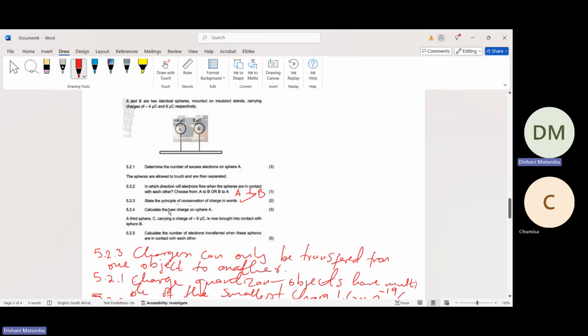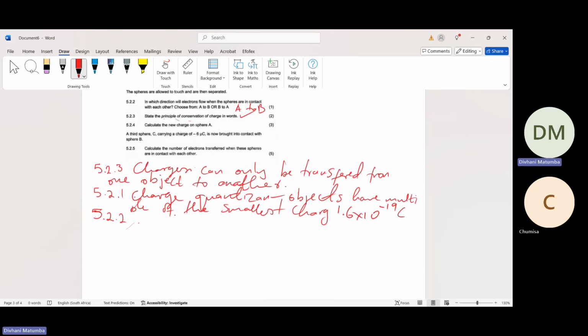Calculate the new charge on sphere A. How do we go about it? The new charge, what is the formula?